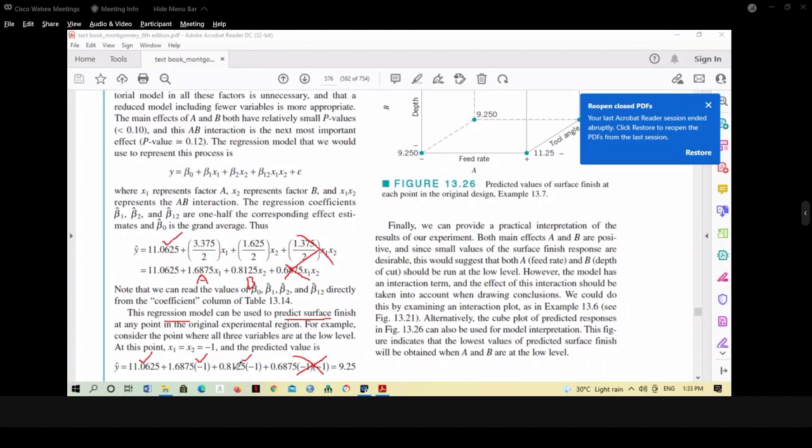So you can put the value and then you can verify.